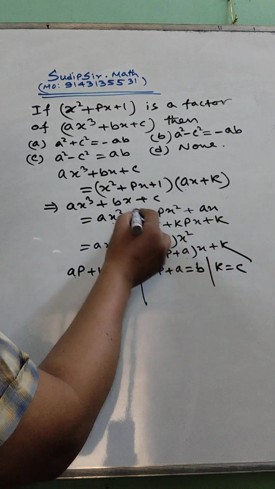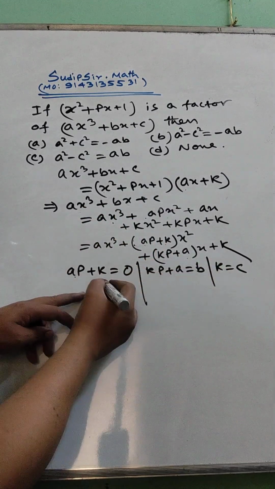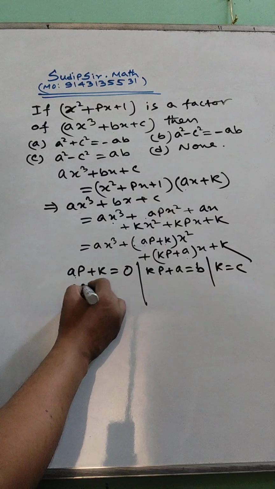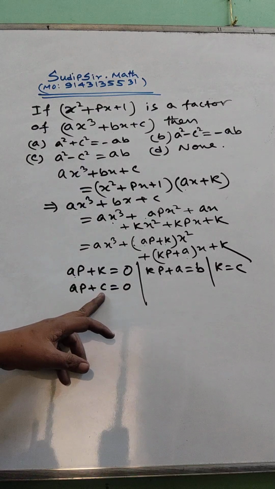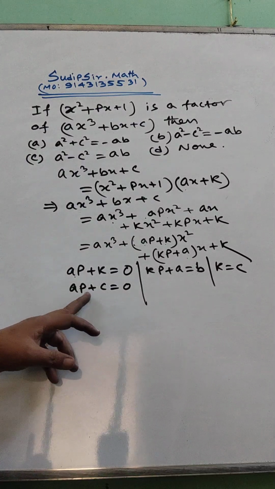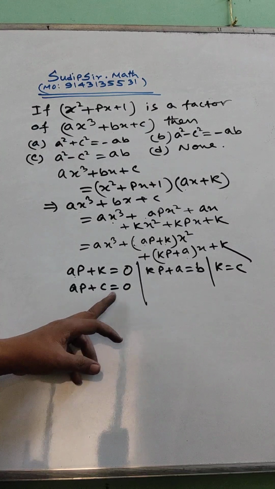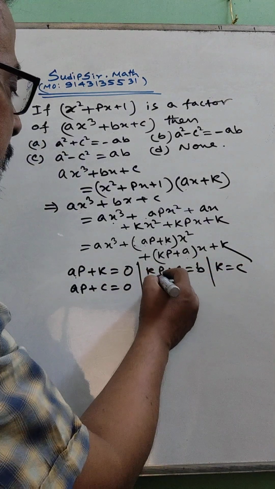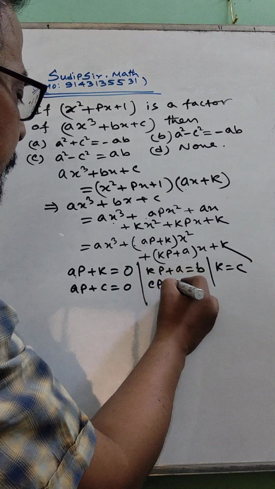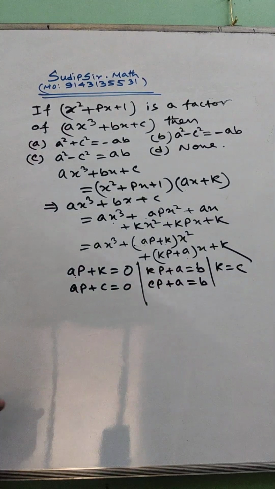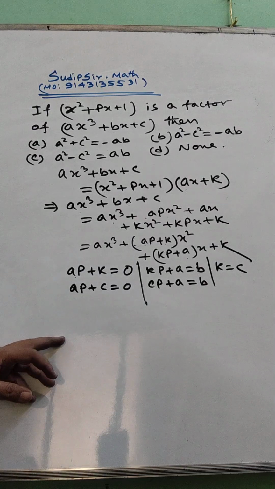Now put this value k equal to c: ap plus c equal to 0. And also cp plus a equal to b.